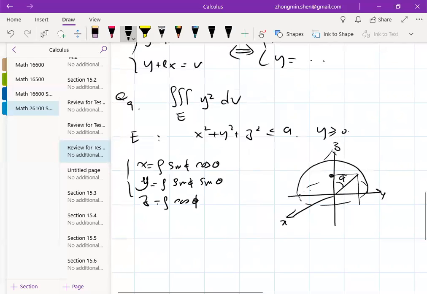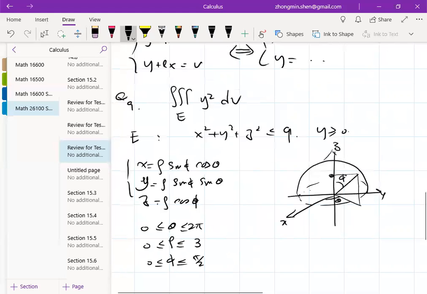And this will be the angle theta. So theta is clearly between 0 and 2 pi. Rho is between 0 and 3 because here it's 9. And phi is clearly from 0 to pi over 2, not pi, because it's a hemisphere.